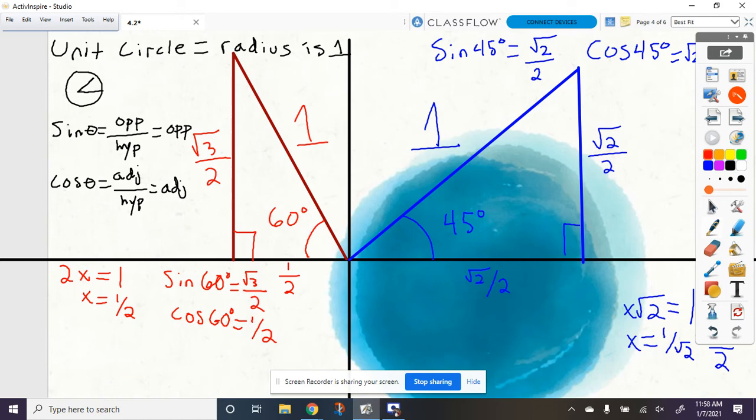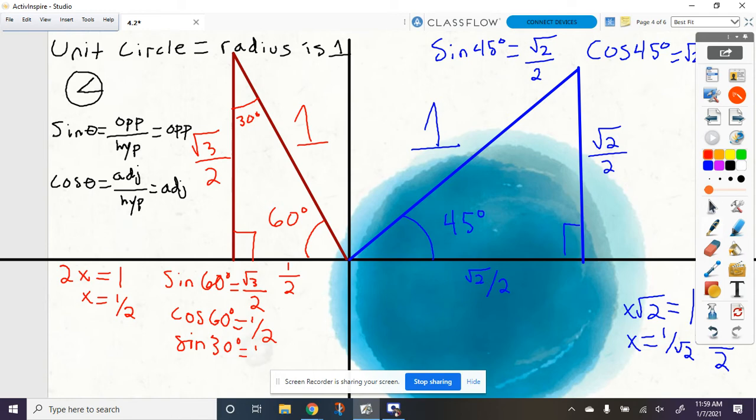But instead of making another triangle, can we use the information that we have? Yeah, so on our red triangle, notice that this top one would be 30 degrees. So now my opposite and my adjacent have flipped, which means that my sine and my cosine are just going to flip.